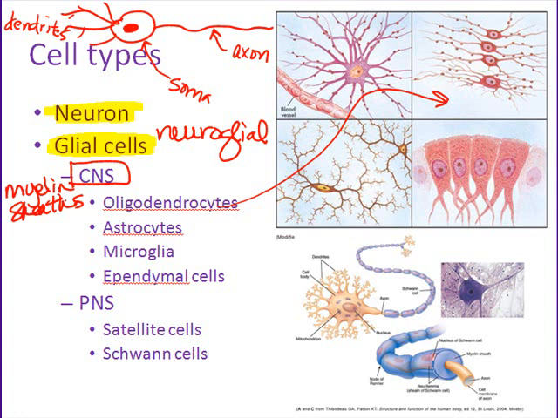Astrocytes are these guys right up here, and astrocytes are support cells for the neurons. They do a number of different things. They perform cleanup activities around the neurons so that metabolic wastes are removed from around the neurons so they're not toxic or an irritant, and so that they don't impact neuronal ability to fire.